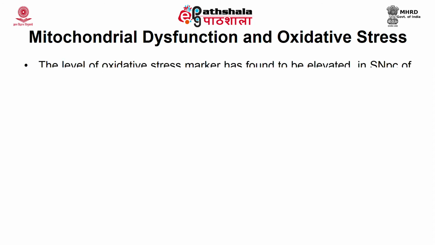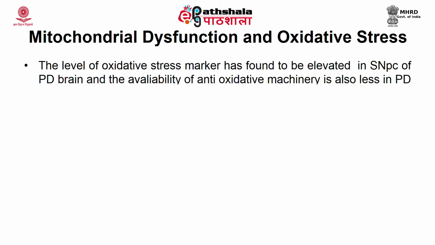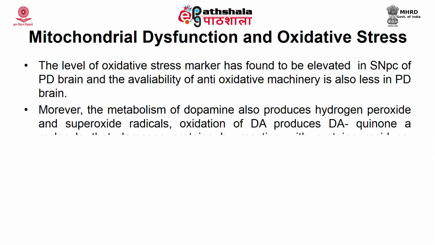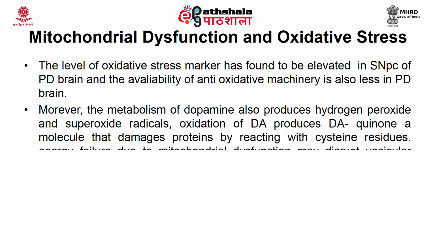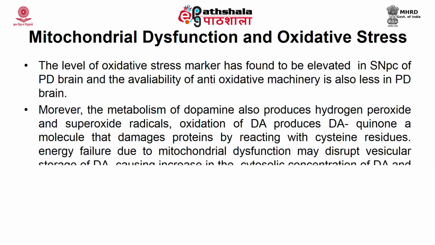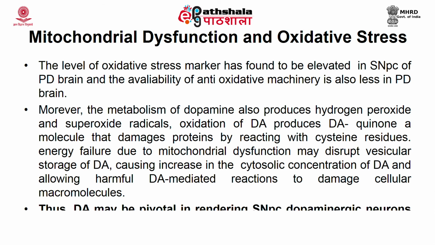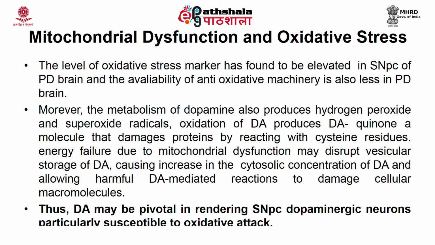The availability of anti-oxidative machinery is also less in the PD brain, and moreover the metabolism of dopamine may also be disturbed. So, dopamine appears to be pivotal in rendering substantia nigra dopaminergic neurons susceptible to oxidative attack.